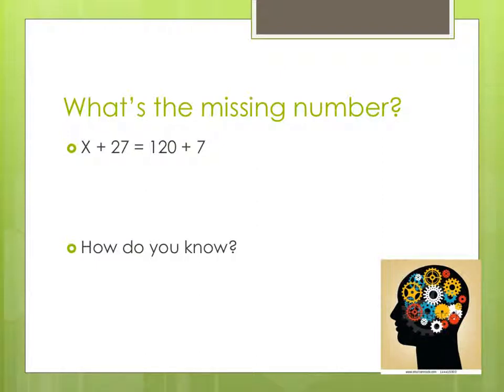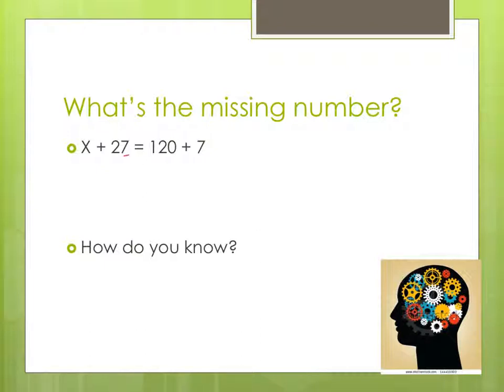Let's try another one. And let's use relational thinking. X plus 27 equals 120 plus 7. If I compare my numbers on both sides of this equation, place value seems to be the easiest relationship for me to make.